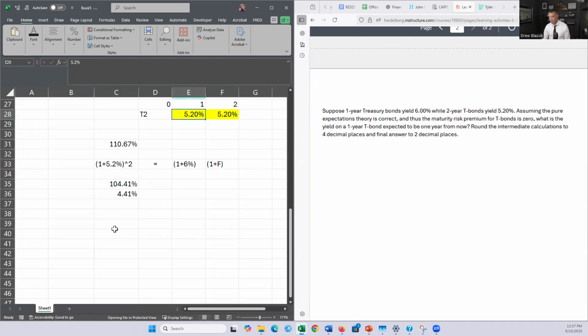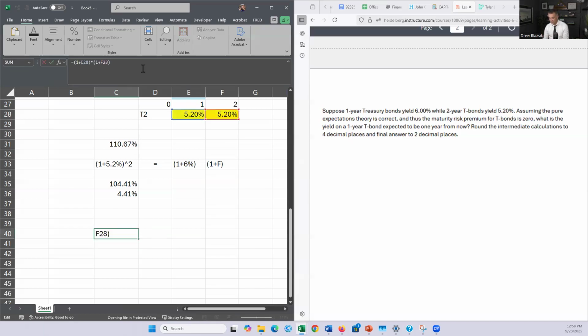So let's see if that holds. I'm over here. That's going to be the 1 plus, so always remember the 1 plus, the 5.2, and I'm going to multiply. It's the same as squared. 1 plus the 5.2, right? That's going to give us a total interest of, remember, it's compound interest, so it's 110.67, and that would be for 2 years interest that you got total.